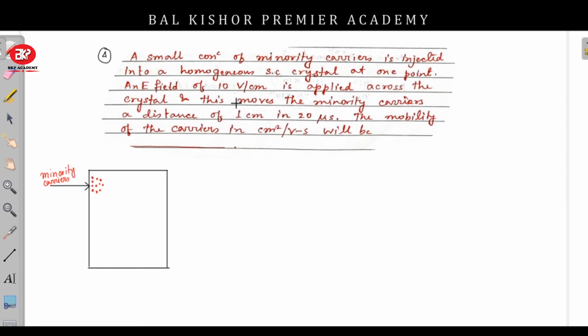Now, what has happened? An electric field of 10 volt per centimeter is applied. So an electric field is applied externally.